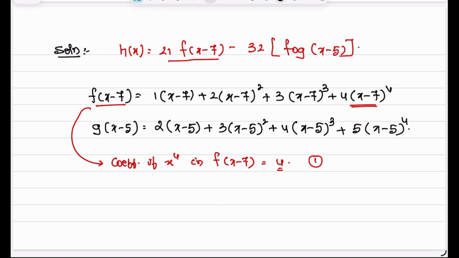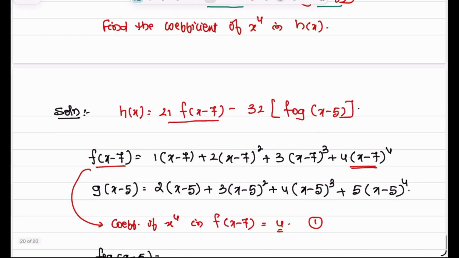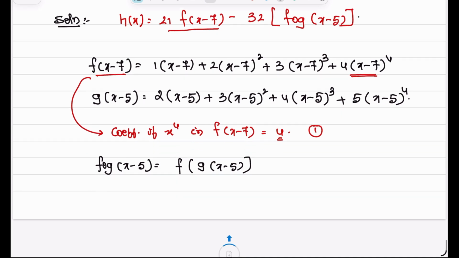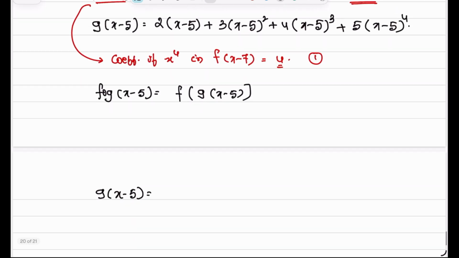Now, for x − 5 we have to find out. We know f(x − 7) and g(x − 5). Therefore, we need f(g(x − 5)). What is g(x − 5)? We already have the value.